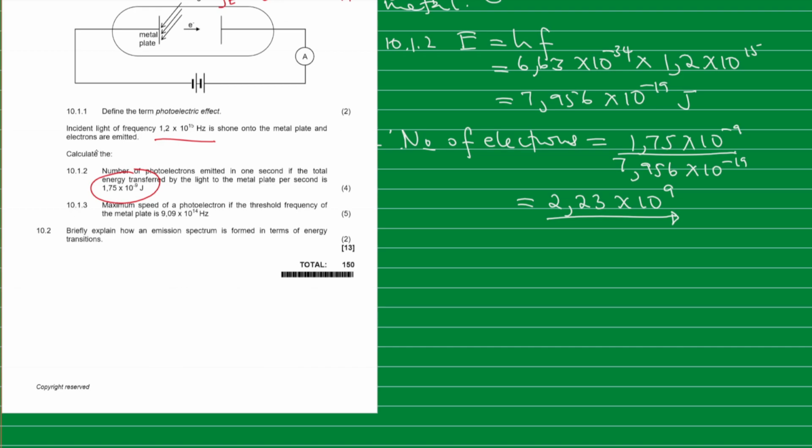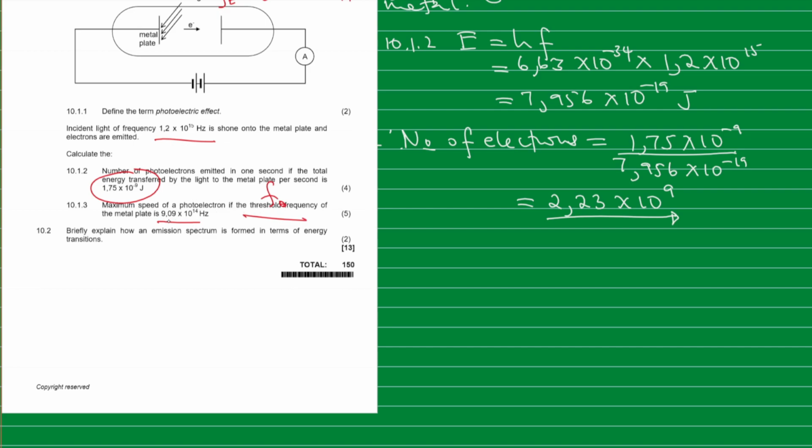Now for 10.1.3, we are required to calculate the maximum speed of a photoelectron if the threshold frequency, f0, of the metal plate is given. Now, what is the maximum kinetic energy?